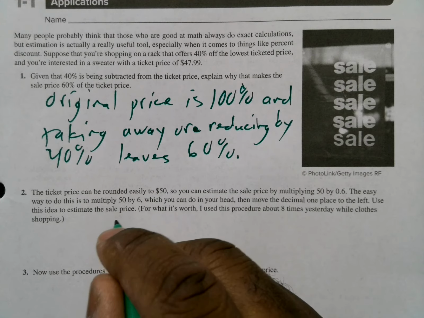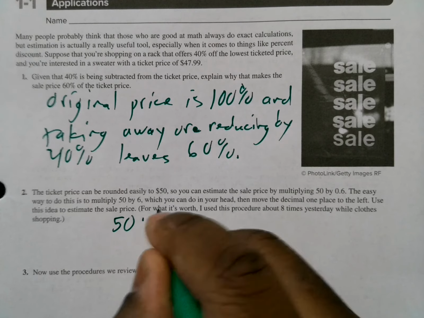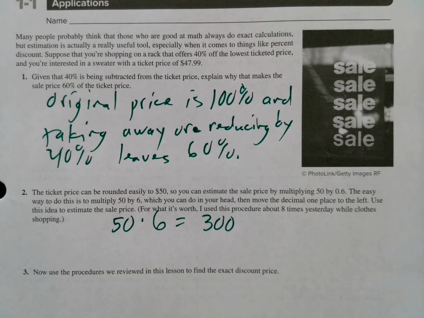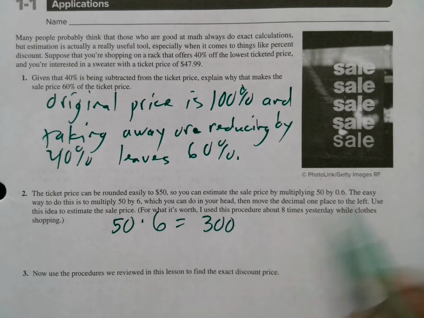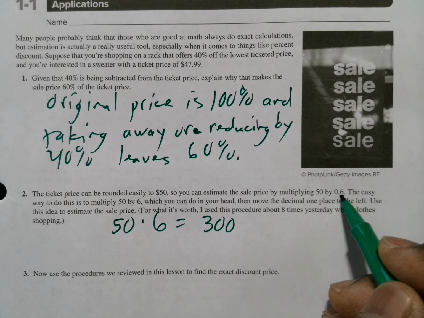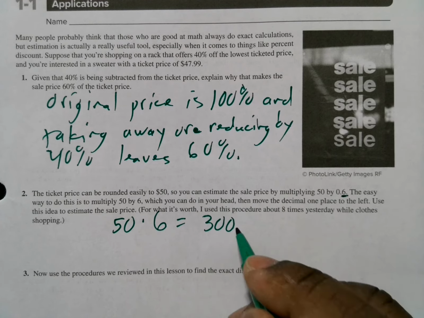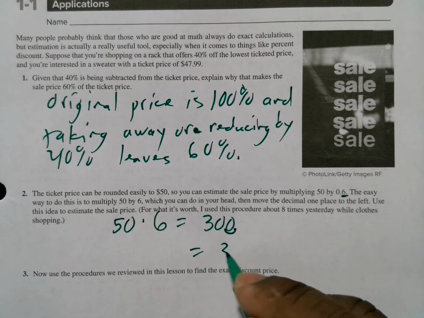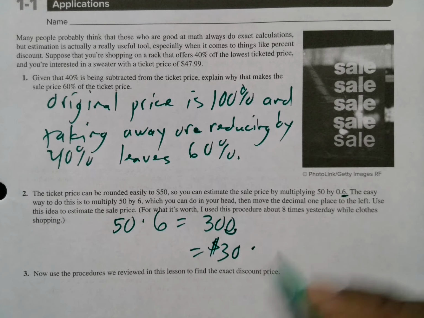Okay, so basically, we're supposed to take 50 times 6, which would be 300. Now we know, if we look here, this 6 is actually 0.6, which means it's one value behind the decimal. So 300, we'll move this decimal one place to the left. So it'll be $30.